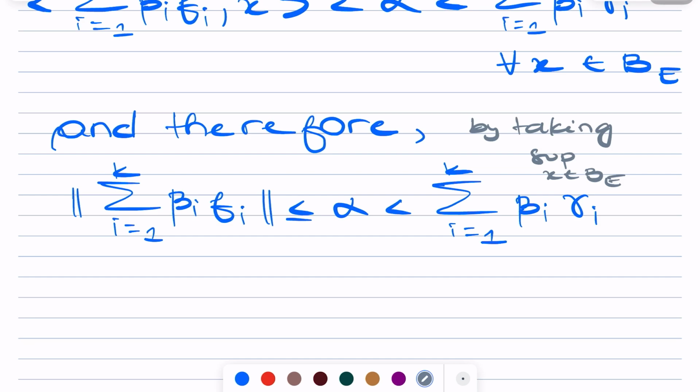On the left side of the inequality, you obtain exactly the operator norm.